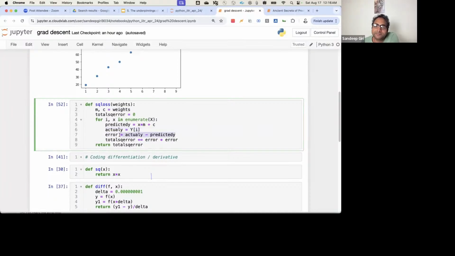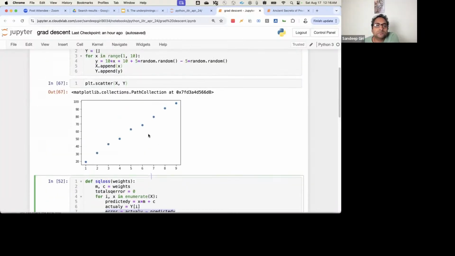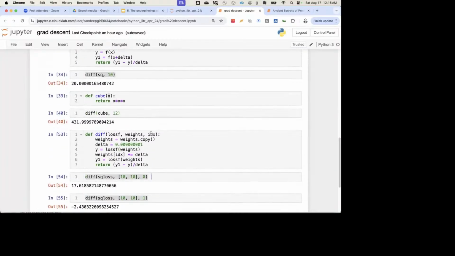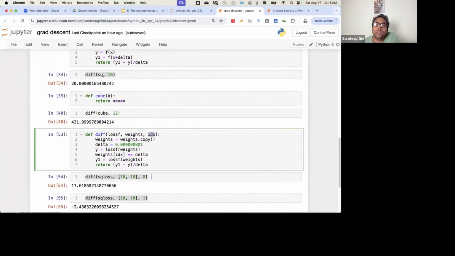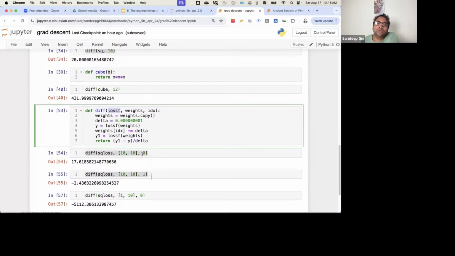What does the third parameter signify? The index: whether you want to differentiate this function with respect to slope or intercept, M or C. 0 means M. We are differentiating with respect to 0, and you can see I am increasing only that particular weight. That's all.